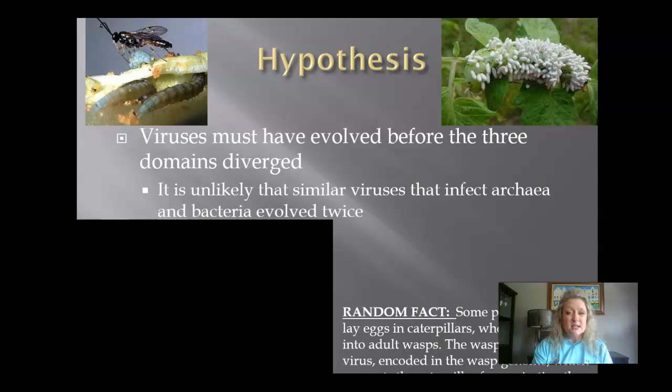And in this case, the virus is laid in the eggs of a wasp into a caterpillar's body, which is really crazy to think about, right? So the virus is inside the eggs. The wasp lands on the caterpillar, injects her eggs into this poor little helpless caterpillar, this little guy up here. And then the eggs will grow and develop, and then they have to come out of the caterpillar. Now, the weird thing about this virus is that it does some funky things to the caterpillar once the eggs grow and develop. Let's see what we've got.